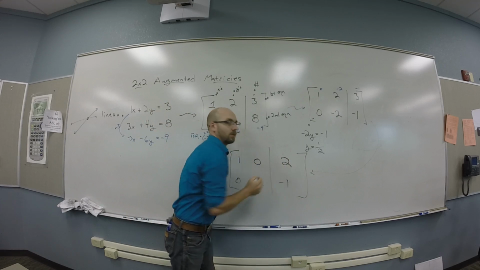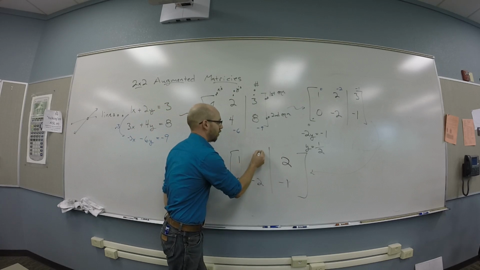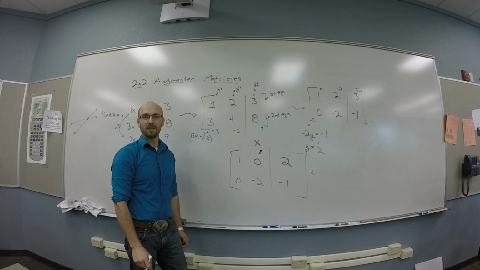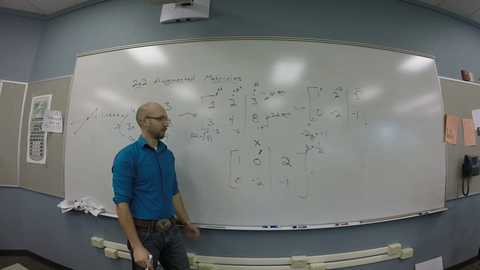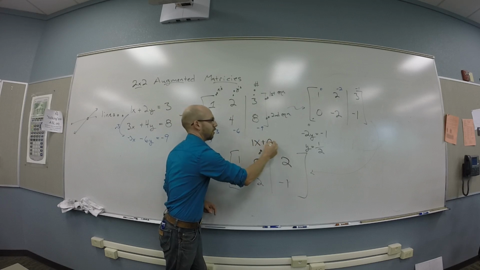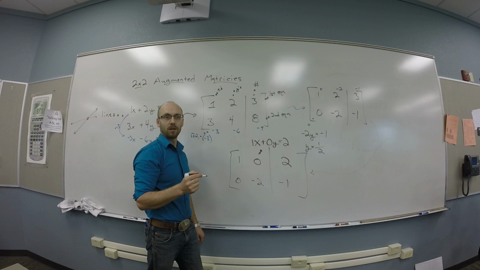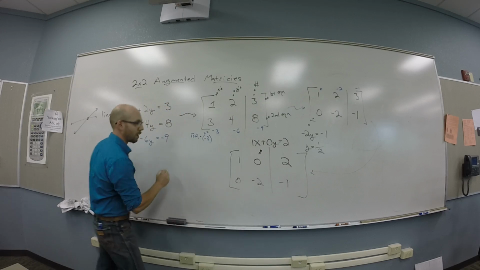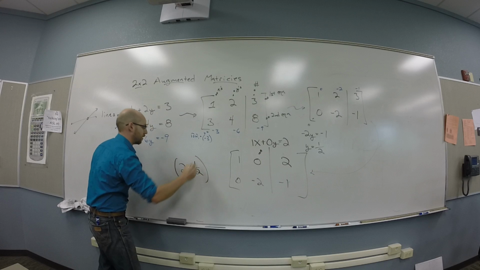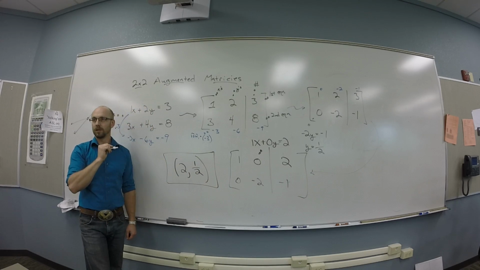You guys see that? And that guy should tell you what x is: 1x plus 0 y's is 2. So x equals 2. So my point of intersection is 2, comma 1/2. That's cool? Cool.